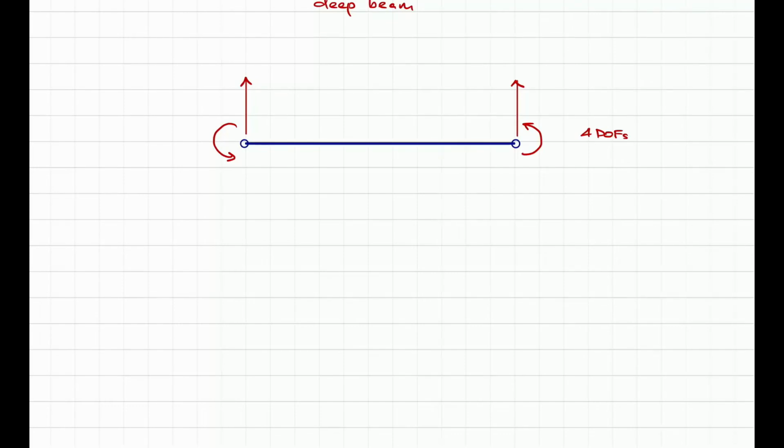But let me ask you, for each shape function, what is the highest order of polynomial we can handle for this beam element? It should be the polynomial that contains 4 constant coefficients, right?